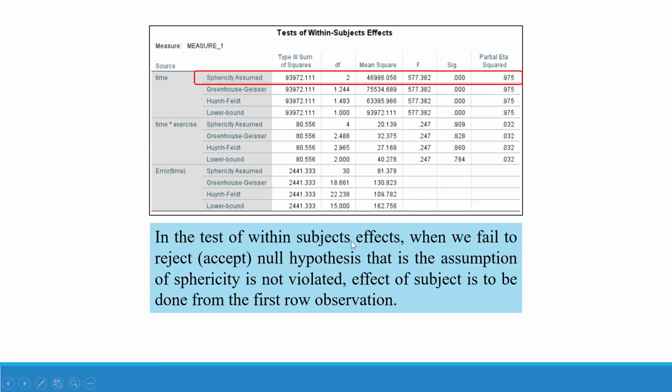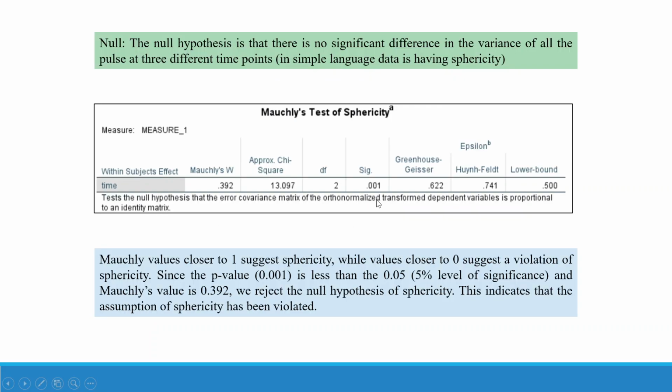In the test of within subject effects table, when we fail to reject the null hypothesis, that is the Mauchly's test, that is the assumption of sphericity is not violated, the effect of subject is to be done from the first row. Let me make you recall.